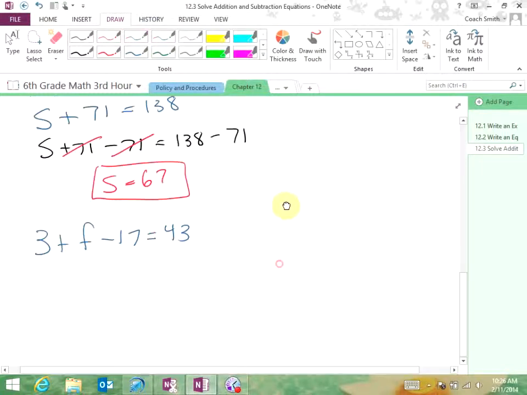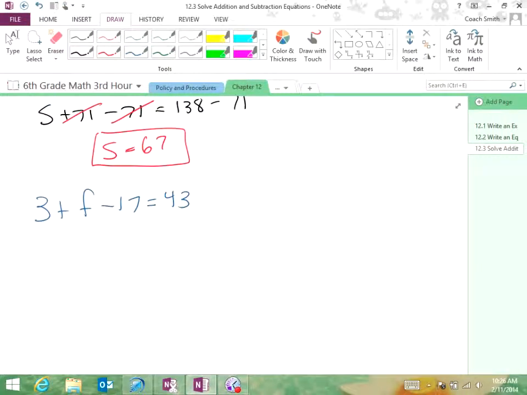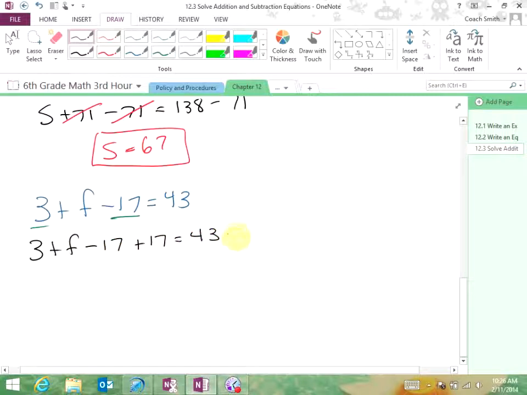I'm going to put it in a two-step deal here, because this and this are not next to each other. So I'm going to do this: 3 plus F minus 17 plus 17 equals 43 plus 17. Here's the part I added to both sides.